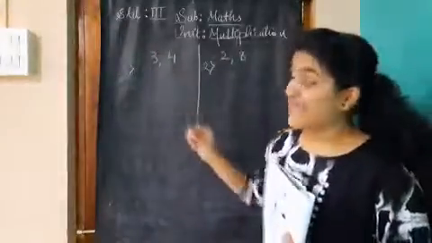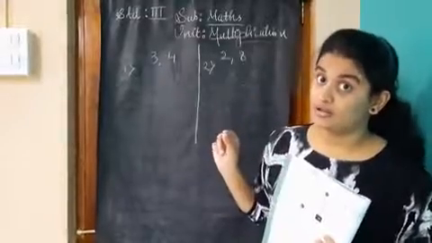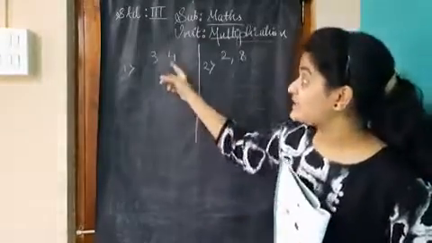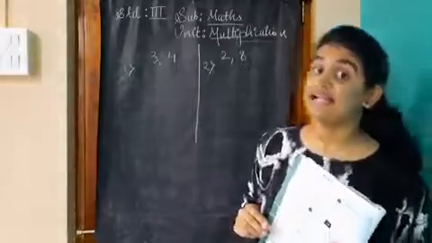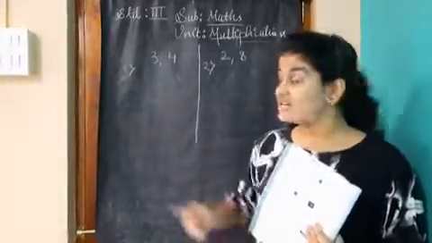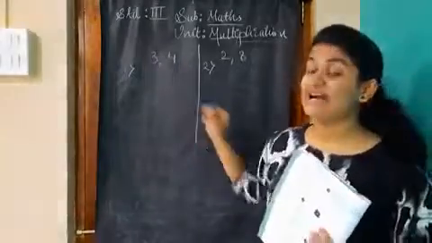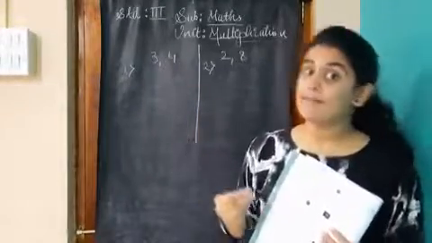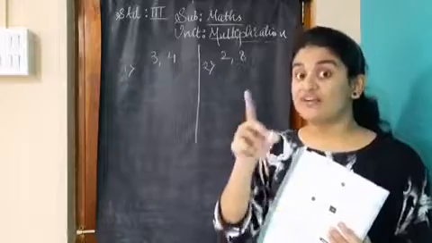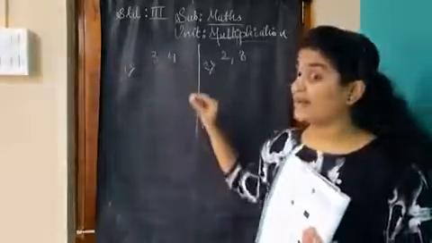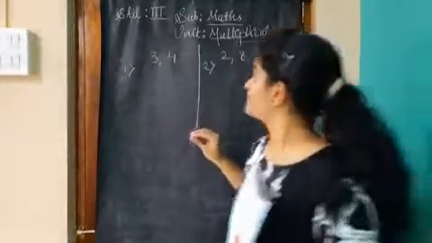Students, here they have given us the number. Now we have to arrange this number in vertical form. Okay? Here the numbers are given to us. We have to arrange this number in vertical form and then multiply. Okay? So first we will arrange this number in vertical manner.